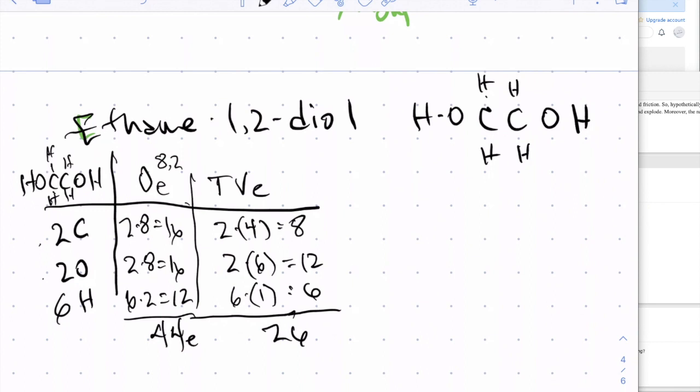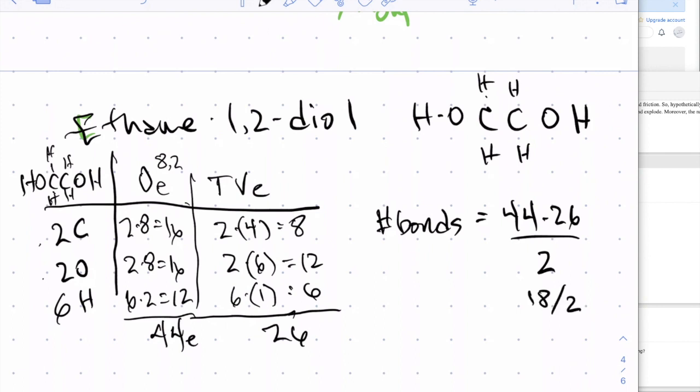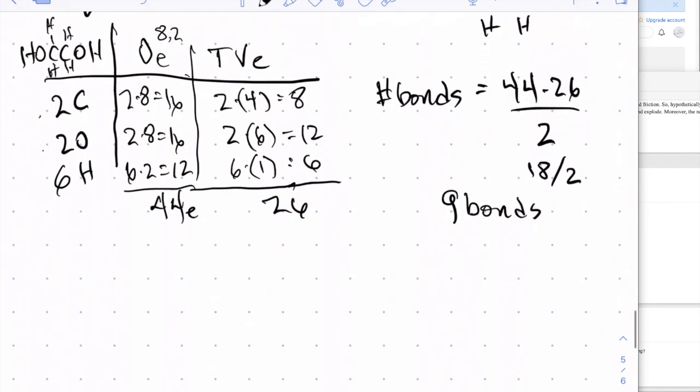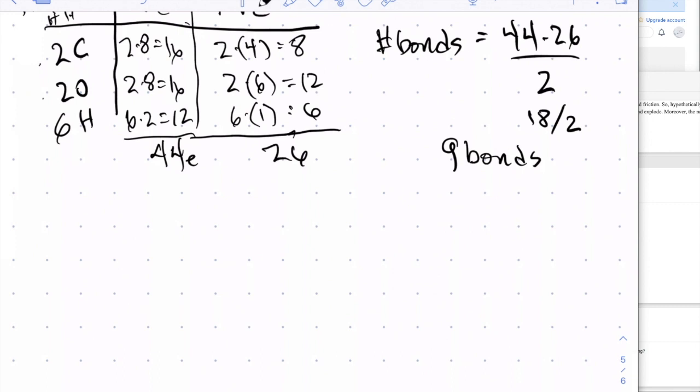Now remember the number of bonds? That is equal to 44 minus 26 divided by 2. So that particular value is, I believe, 18 divided by 2. We have a total of 9 bonds. So let's go ahead and put this together.